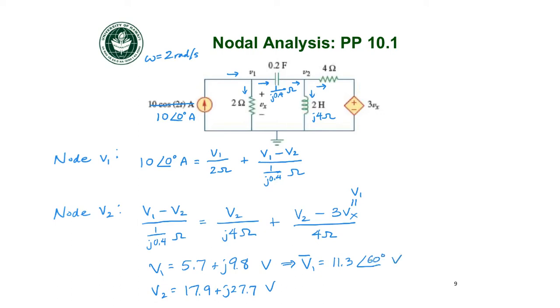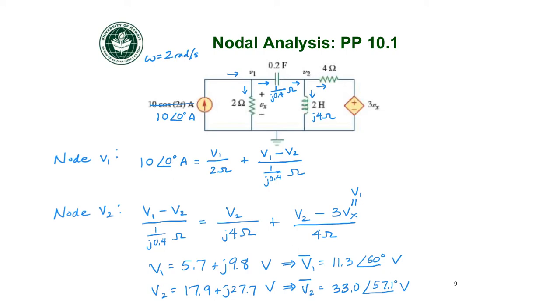That has units of volts. And V2 is going to be a magnitude of 33 and a phase angle of 57.1 degrees. And that's going to have units of volts as well.